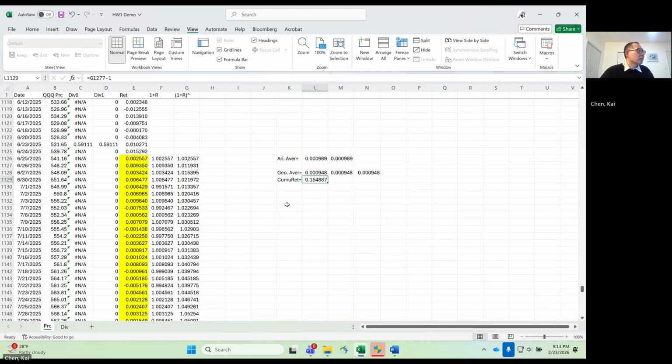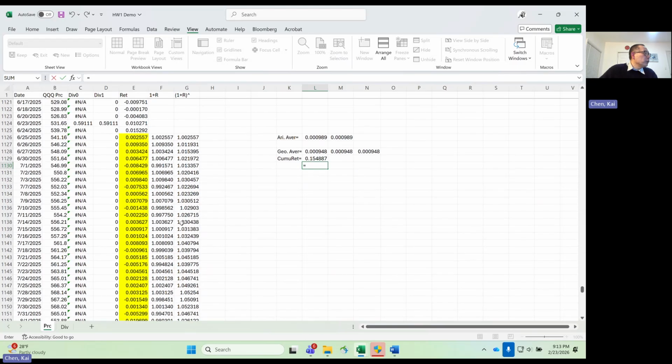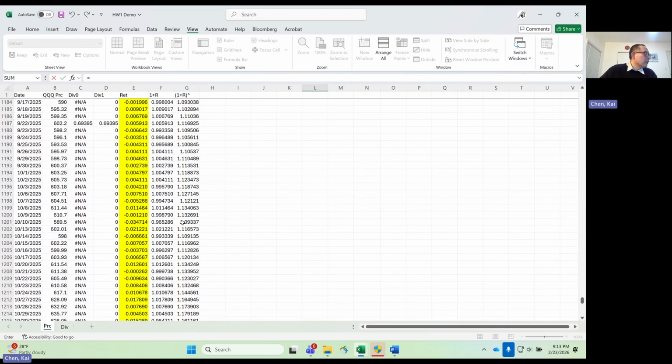So now, after we get the cumulative return, we're going to calculate the annualized return. Annualized return, we're going to use this number.